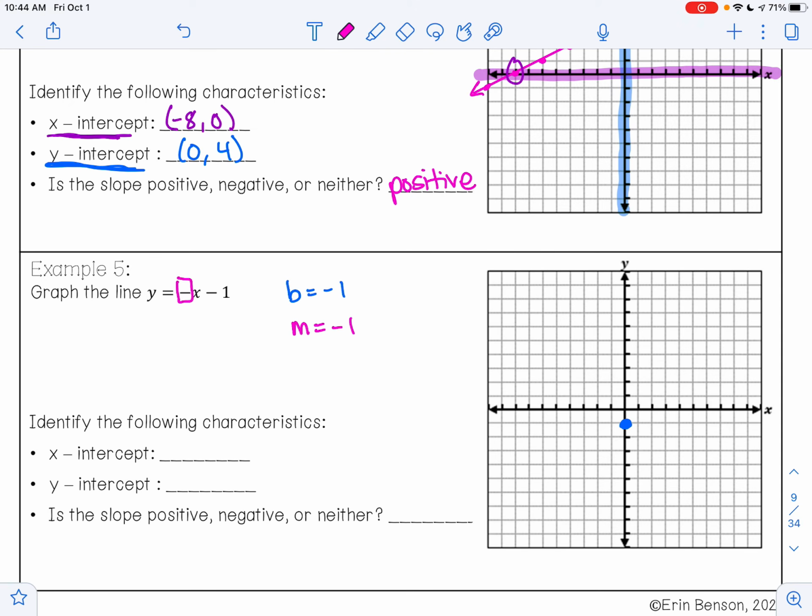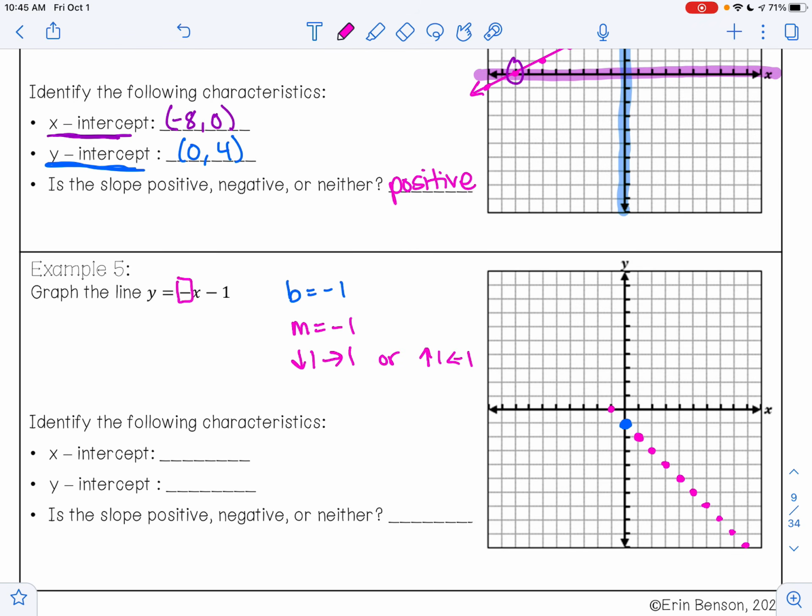Remember that your slope never includes a variable. Your slope is always just a number. So your slope is -1. So that means that you're going to go down 1 and to the right 1 from your y-intercept. And you're going to do that the entire way down your graph. You could also go up 1 and to the left 1.